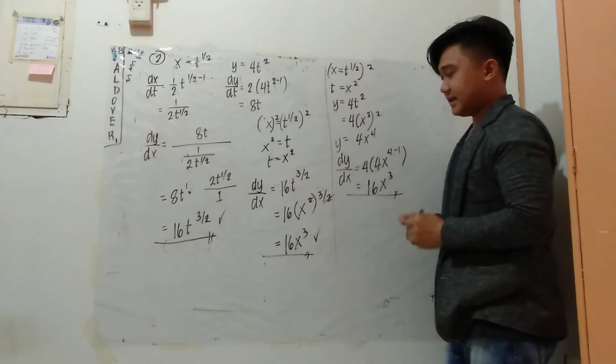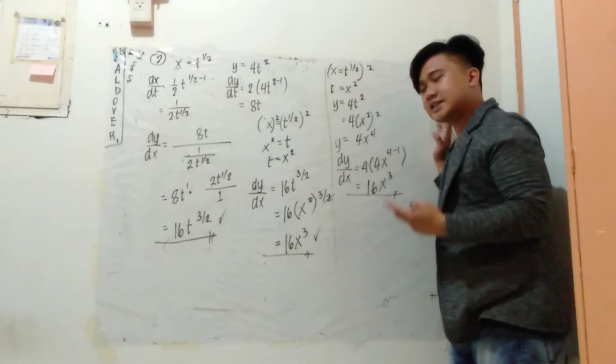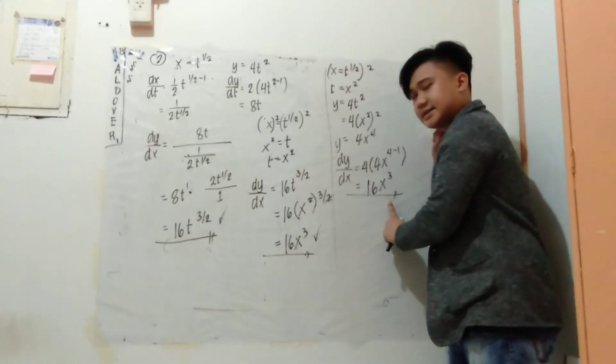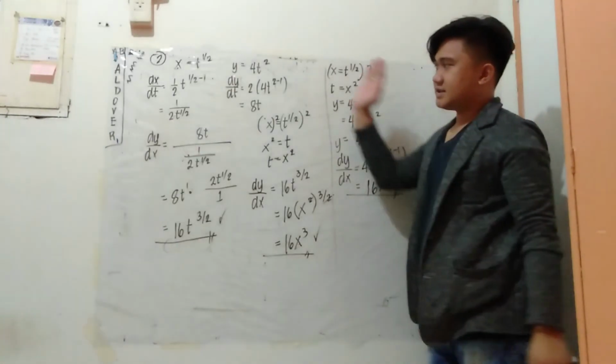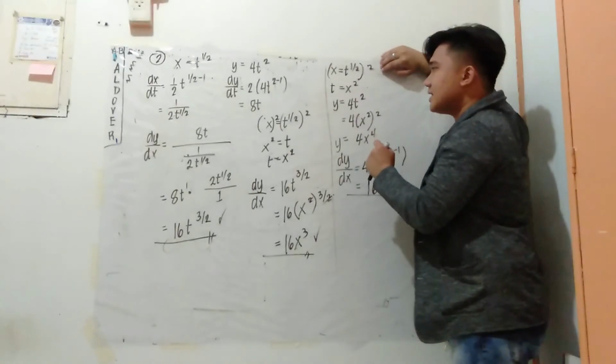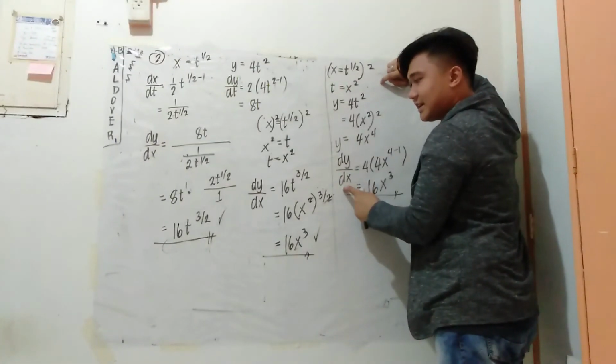And I think that is a bit faster and easier kasi you can already express derivative of y with respect to x in terms of x. Okay? So this is the first solution. This is the second solution wherein si t, pinalitan na agad natin ng x para diretso na tayo dito.